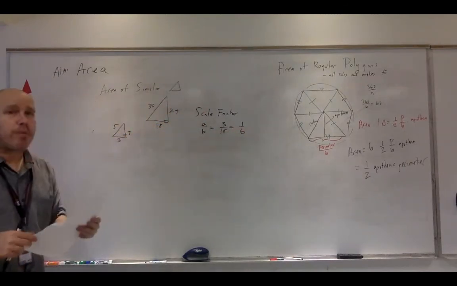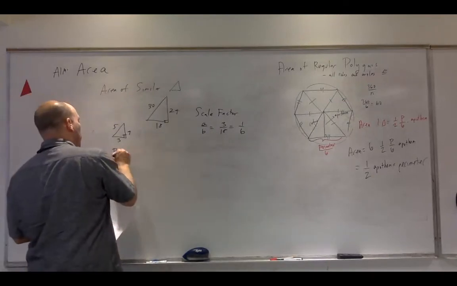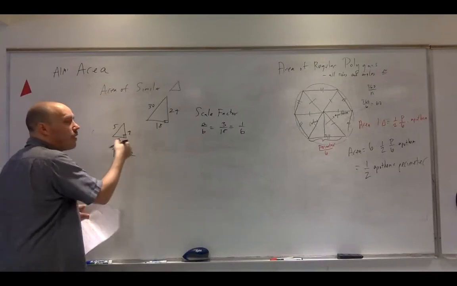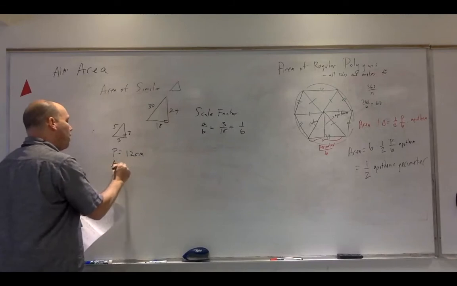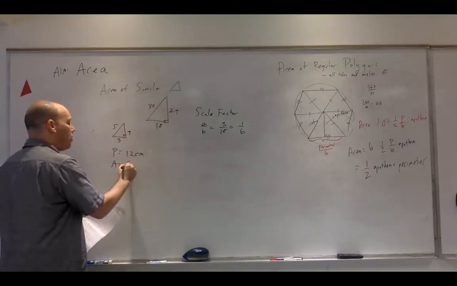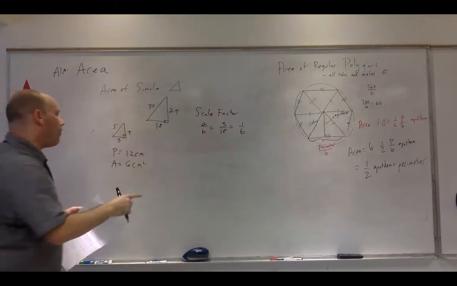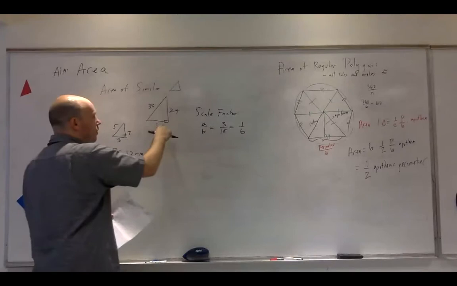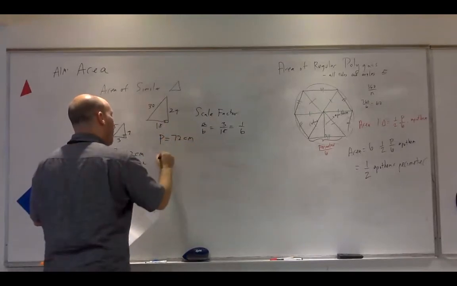So the question is, what's going on with the perimeter and the area? Well, the perimeter here is 12 units. Let's use centimeters. And the area is 1/2 the base times height, or 6 centimeters squared. What's going on here with the new scale factor? The perimeter here is 18 plus 24 plus 30, which is 72 centimeters.